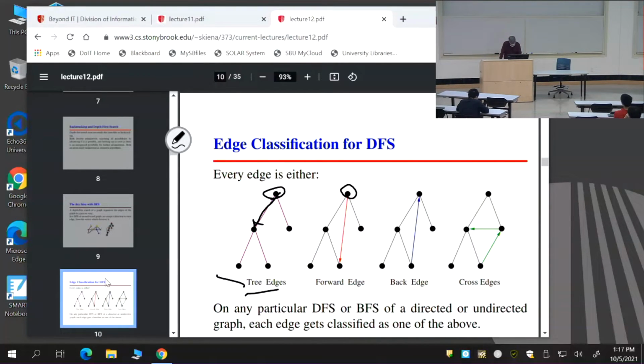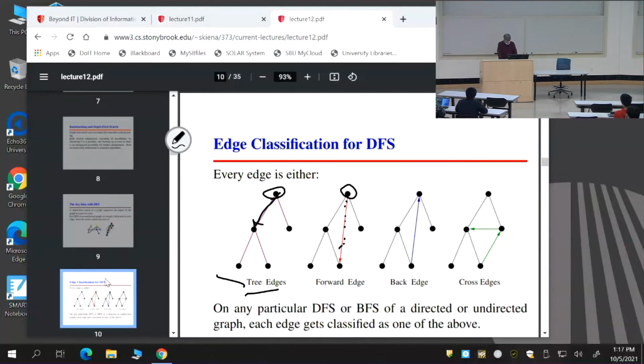When we look at an edge the first time, if it discovers a vertex that is a descendant, that's kind of a forward edge.